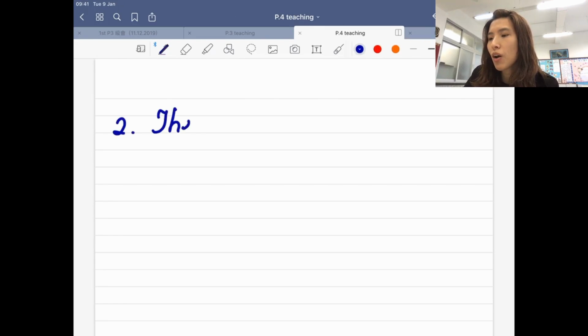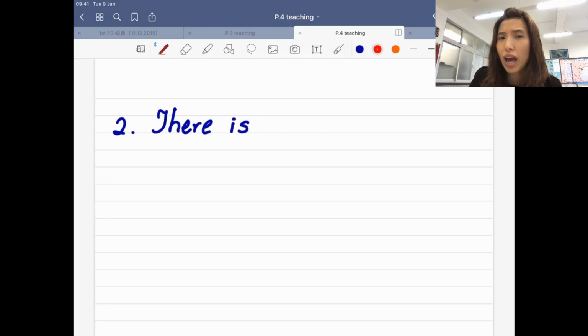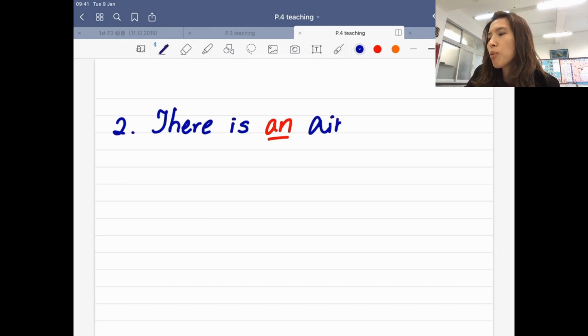So we say there is. Airport, there is only 1, so we need to add an article. So is it a or an? Airport, of course it's an, because airport starts with a vowel, A-E-I-O-U. So there is an airport on Lantau now.